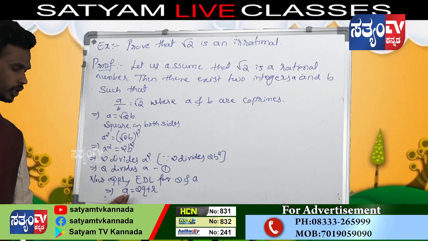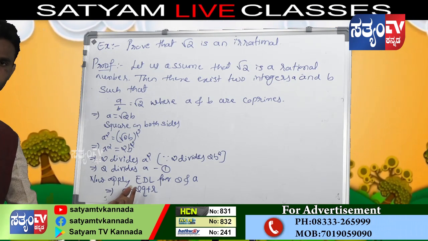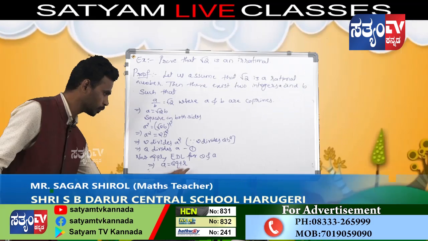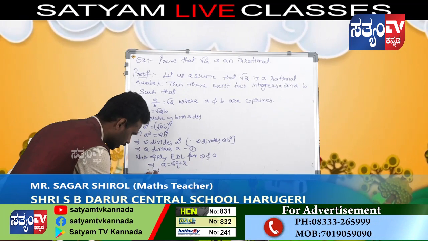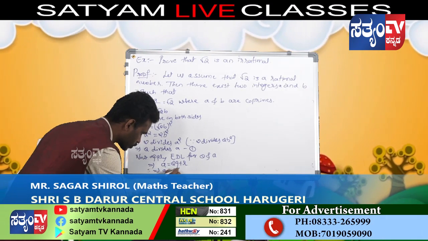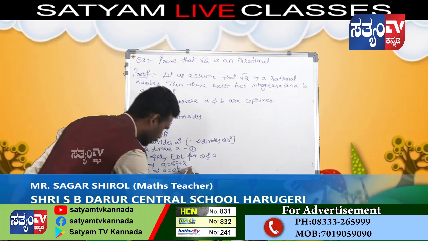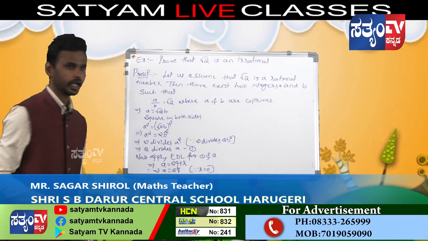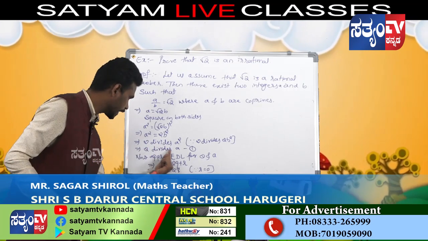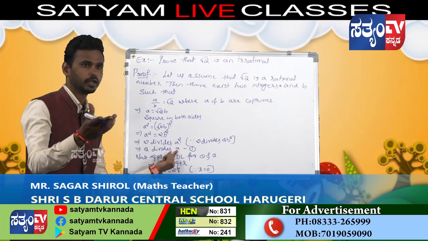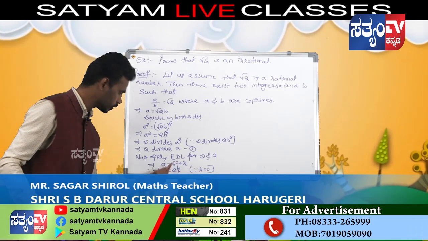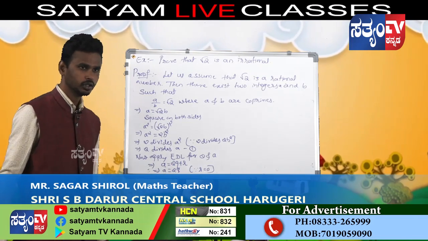What is the Euclid division lemma? That A is equals to BQ plus R. So here B is equals to 2, so A is equals to 2Q plus R. So this implies A is equals to 2Q because R is equals to 0. Why R is equals to 0? Because 2 exactly divides A. If any number exactly divides another number, then remainder should be 0. So hence A is equals to 2Q.